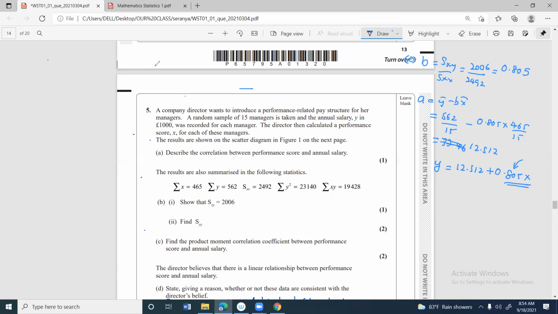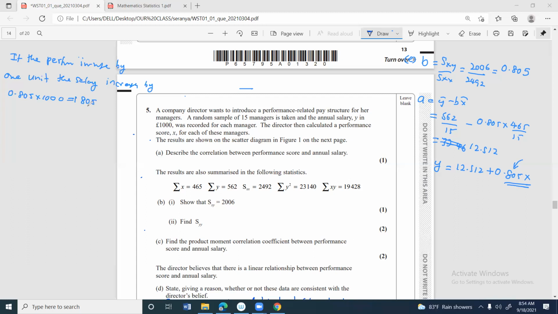So you can say if the performance increases by 1 unit, the salary increases by 0.805 into 1000, that is 805 pounds.